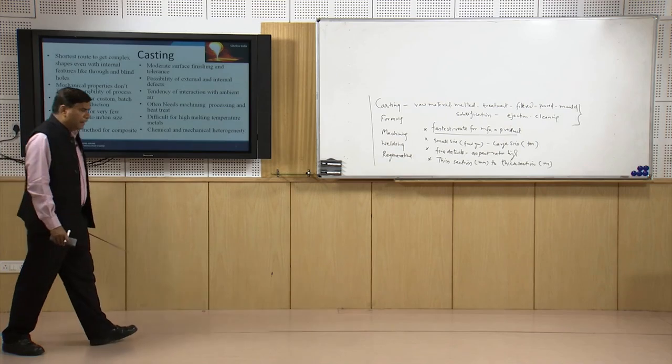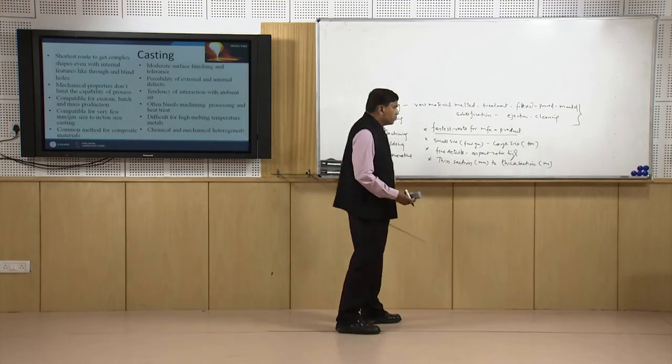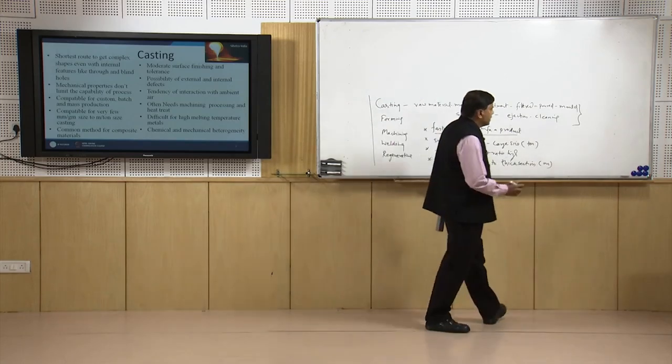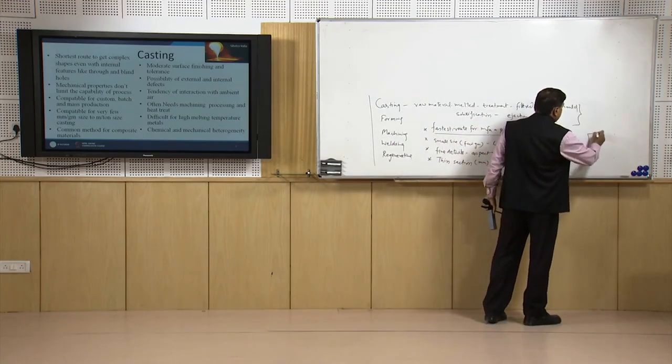Like stir casting or rheo casting is one of the routes where molten metal casting is used for preparing the composite material.